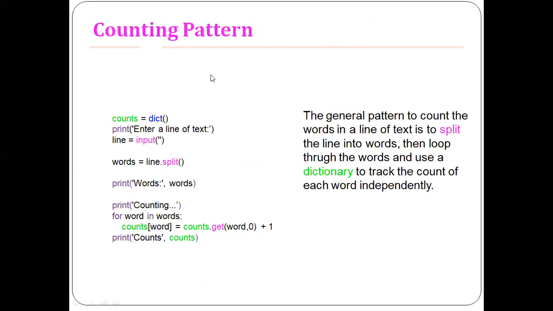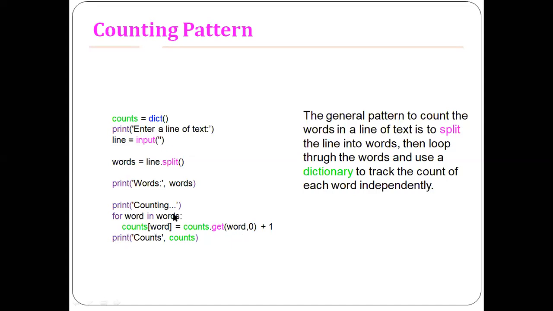Here we are counting the number of words present in the input line, and the occurrence of each word in that line. You split the entire input line into multiple words, and each word is inserted into the dictionary.